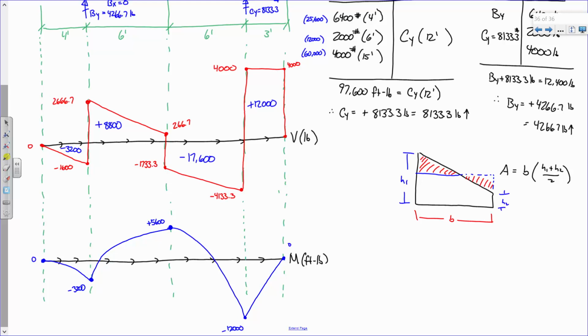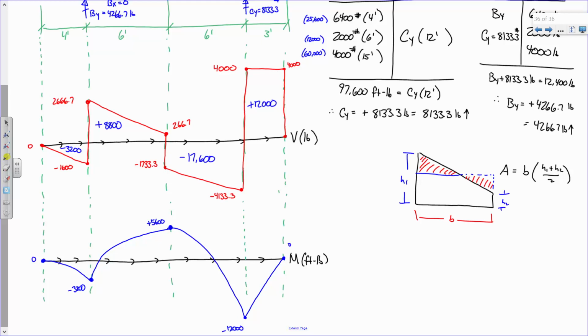Okay. Let's make an observation from an engineer standpoint, and let's talk about design. Okay? Why the heck do we care about all this? As an engineer, what you need to be able to determine are the maximum values of shear for design and the maximum values of moment for design.